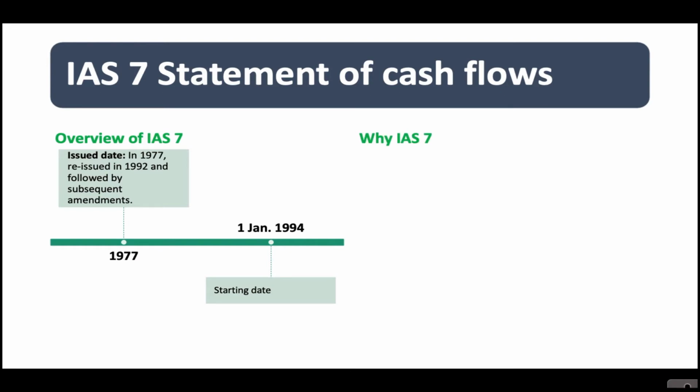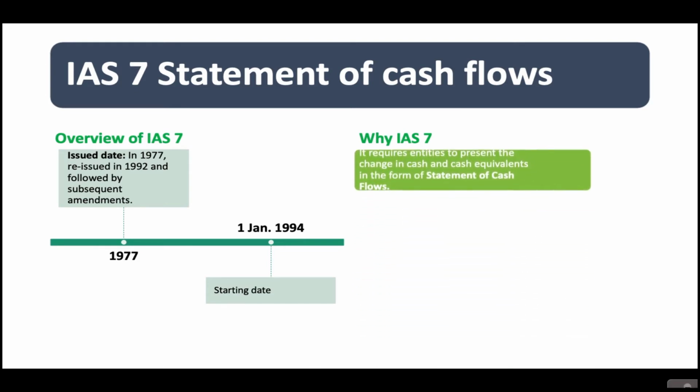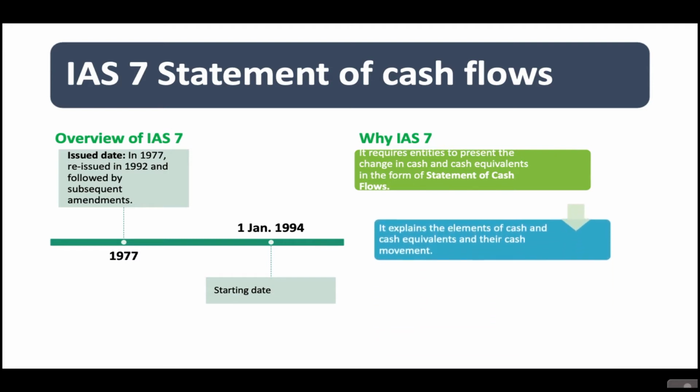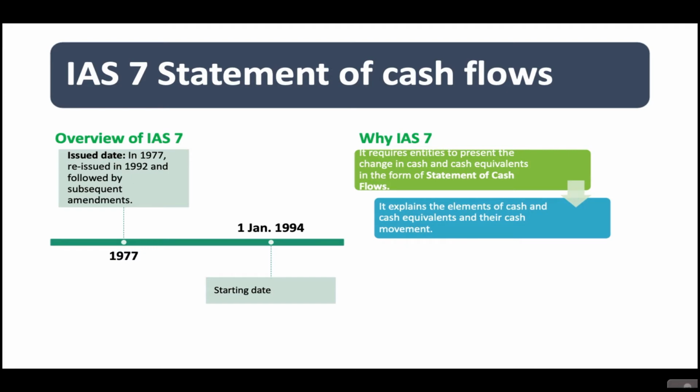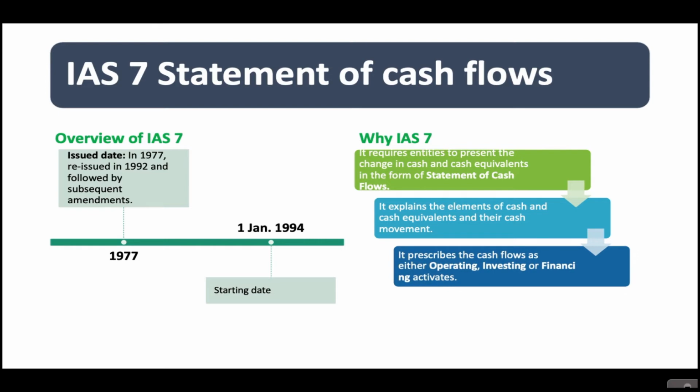So here let us see what the function of cash flow statements is. Firstly, it requires entities to present the change in cash and cash equivalents in the form of a statement of cash flows. Secondly, it explains the elements of cash and cash equivalents and their cash movement.